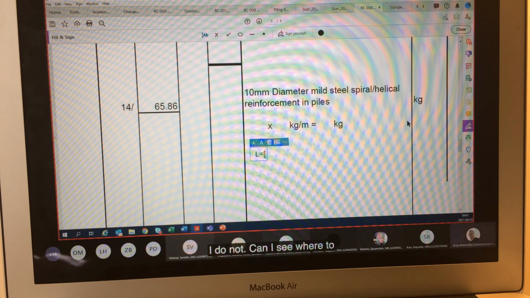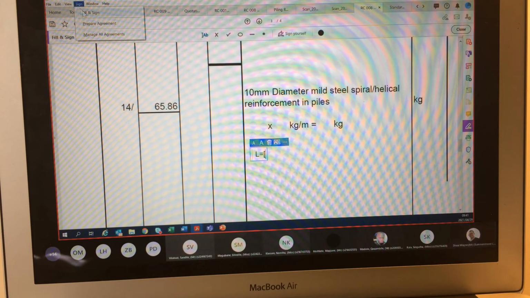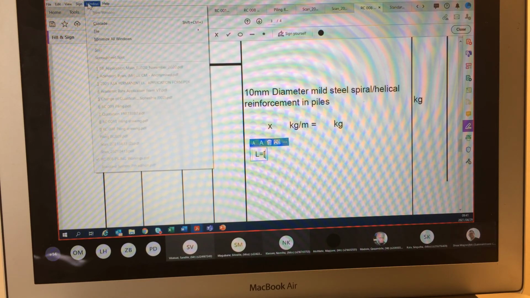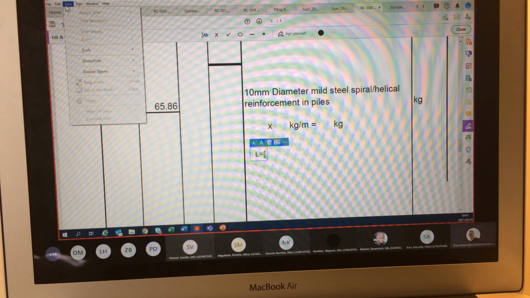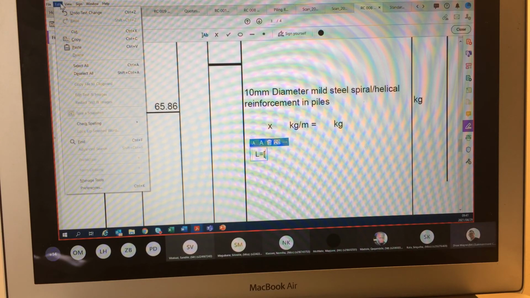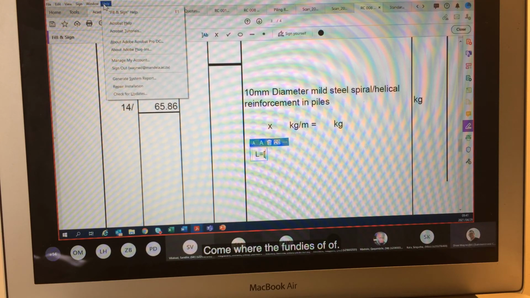Oh, I cannot see where to find the square root sign. Where are the fundis of working with PDF? If this was in Excel, I'd be able to do that.